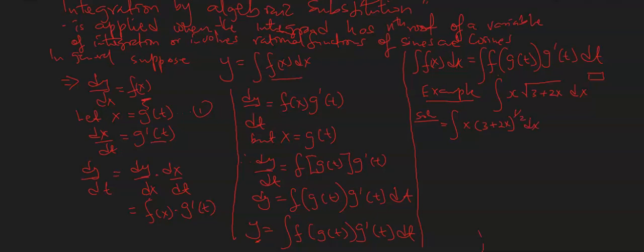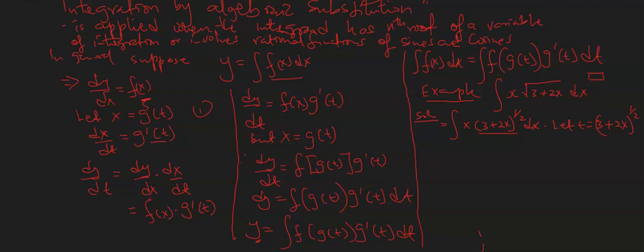Now we need to introduce a new variable which we shall call t. We can say that let t be 3 plus 2x raised to power half. Sometimes you can work with let t be 3 plus 2x alone. But for this moment, let's make the whole of 3 plus 2x raised to power half equal to the new variable t.